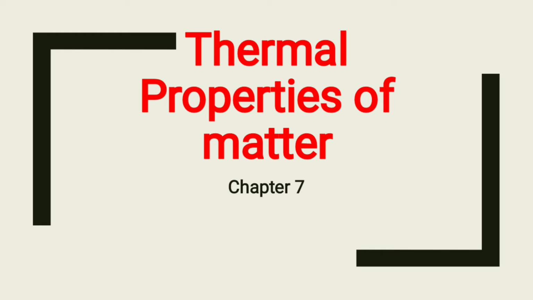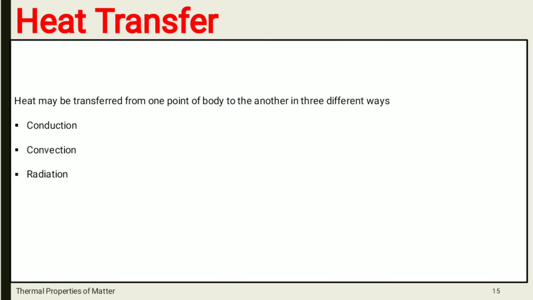Today we are going to continue with your topic thermal properties of matter, and this is your fourth lecture. In the last lecture we started with heat transfer, which means heat transferred from one point to another in the body in three different ways: conduction, convection, and radiation, in which we covered conduction.